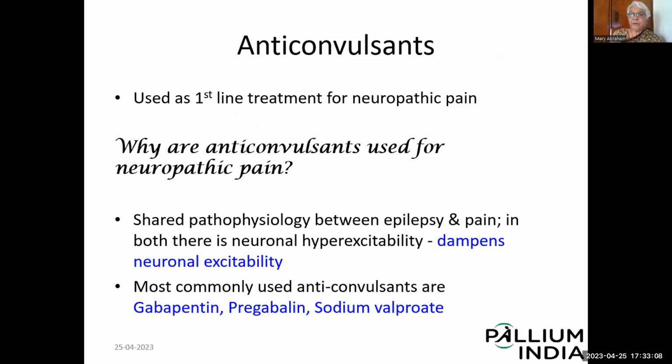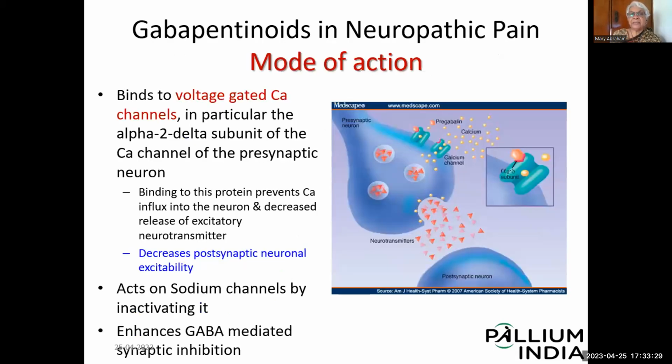So the first line treatment for neuropathic pain is anticonvulsants. Now, why are anticonvulsants given for neuropathic pain? Because there's a shared pathophysiology between epilepsy and pain. In both, there is neuronal hyperexcitability, and anticonvulsants dampen this neuronal excitement. And these are the commonly used. How do they act? These gabapentinoids, as they are called, act at this site here. They bind to the voltage-gated calcium channel, particularly the alpha-2 delta subunit, and prevent entry of calcium into the presynaptic terminal.